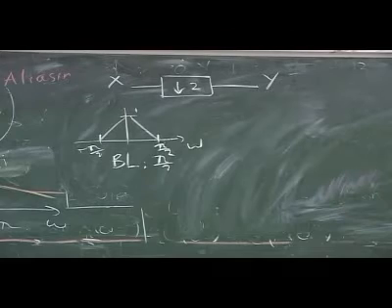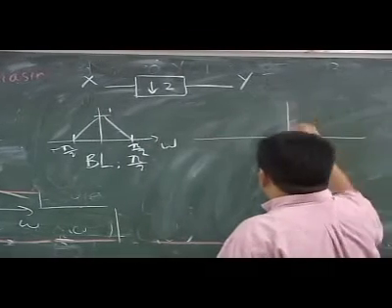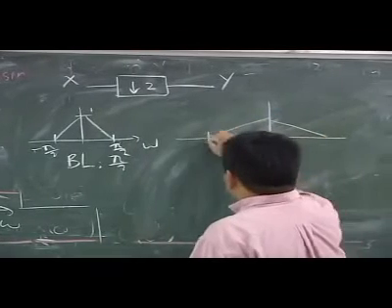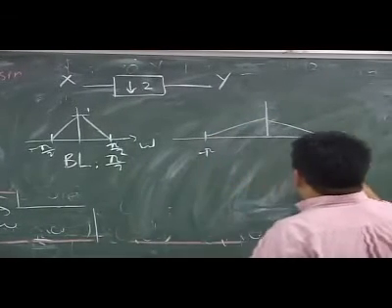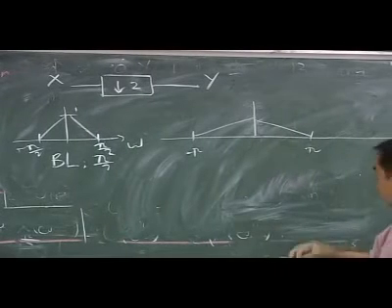When we downsample, pi over 2 goes back to pi, right? And shift by 2 pi, it's okay. No overlap.